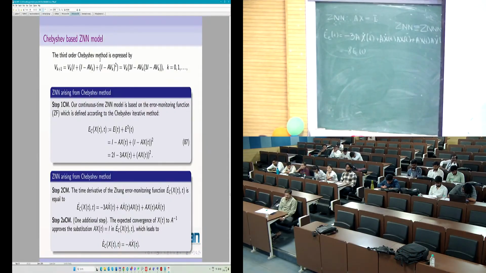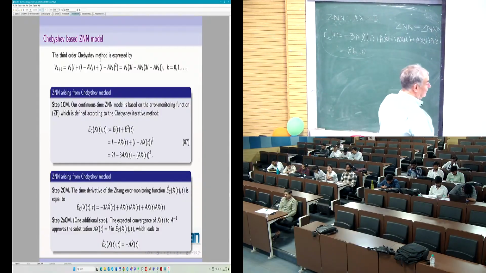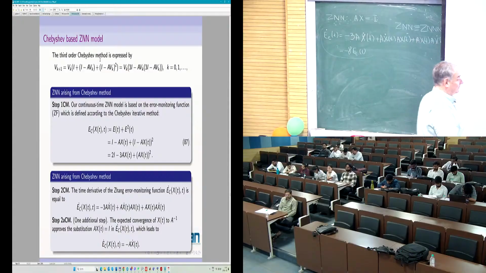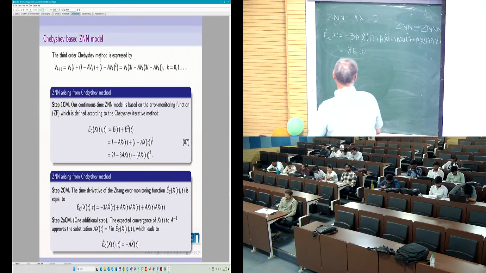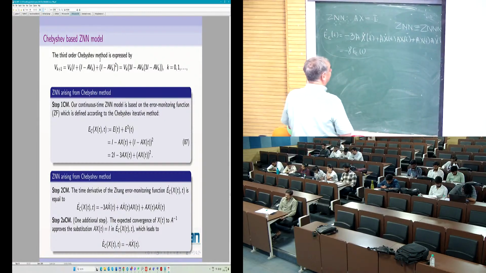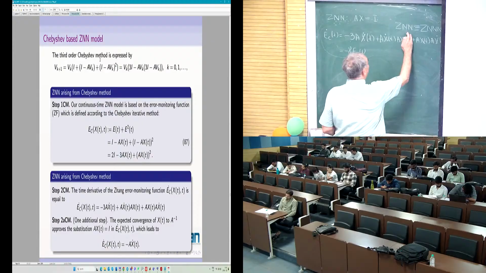What we did, we simplified E_C dot with the assumption that A X is approximately equal to I. Here is not dot.